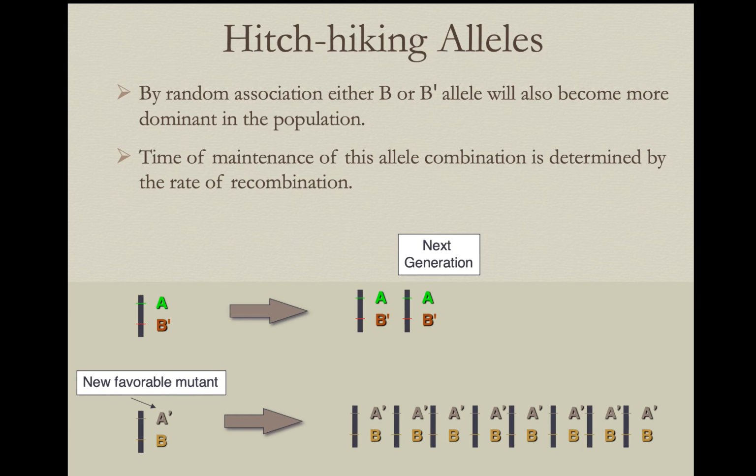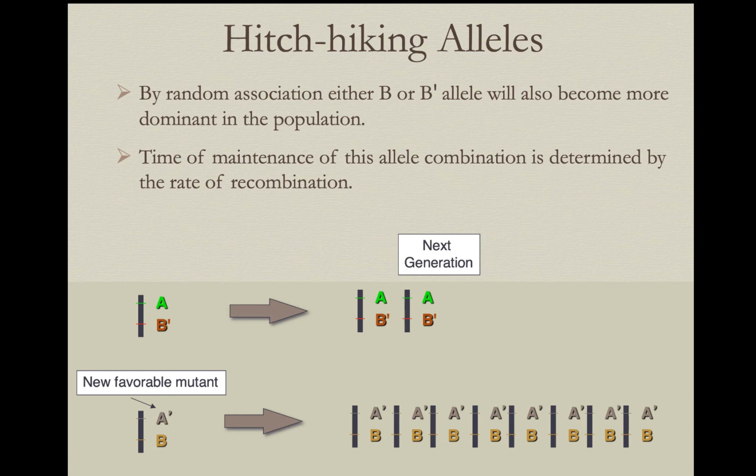Is this because the B allele is better than the B prime allele? No, it has nothing to do with that. Remember, they are neutral relative to each other. But the B allele is hitchhiking on the success of the A prime allele just because it's very closely spatially linked.